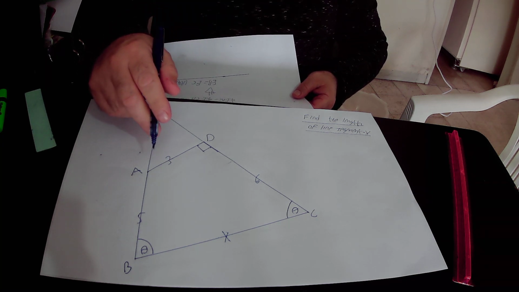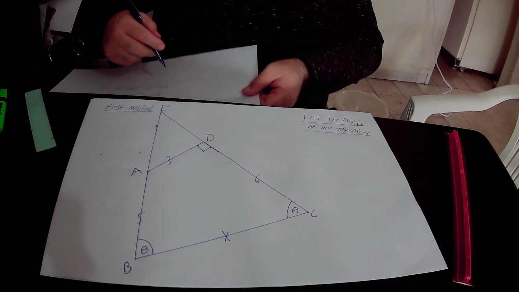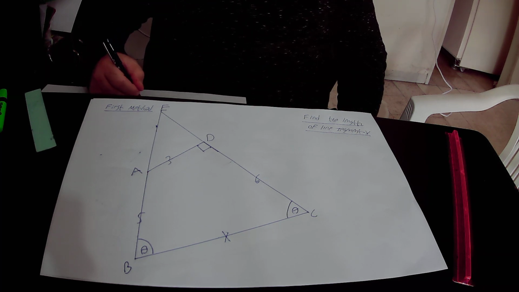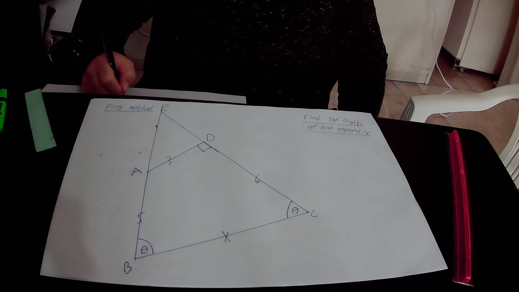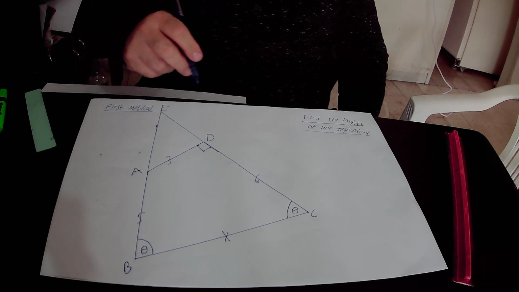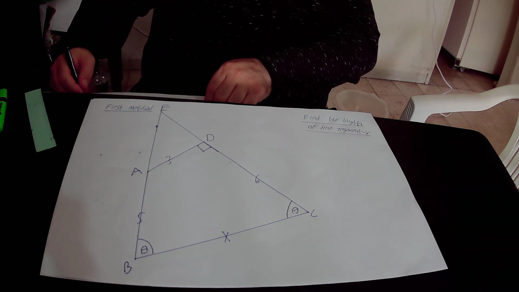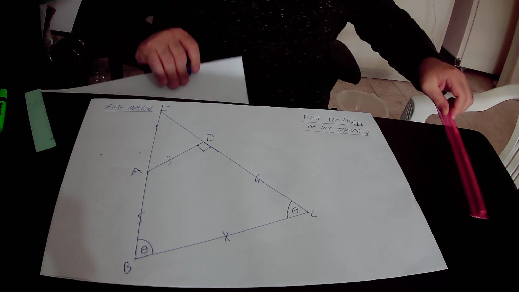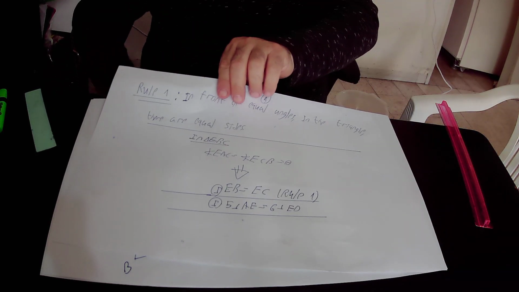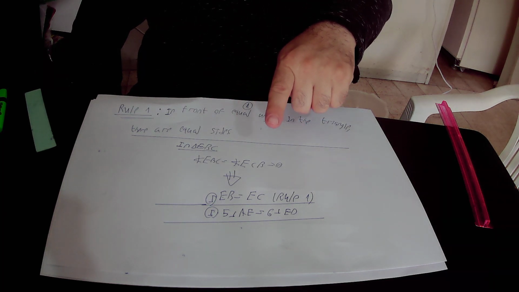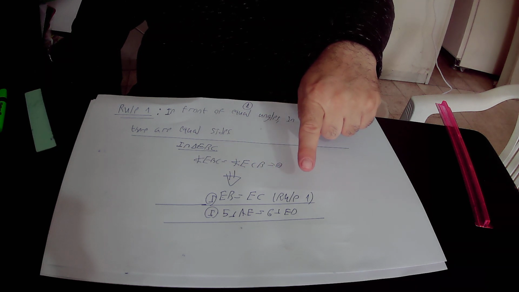Here EB equals 5 plus AE. And EC equals 6 plus ED. So, according to equation number 1, 5 plus AE equals 6 plus ED.